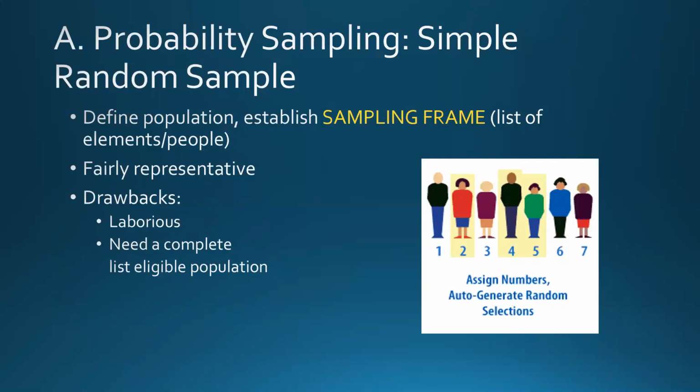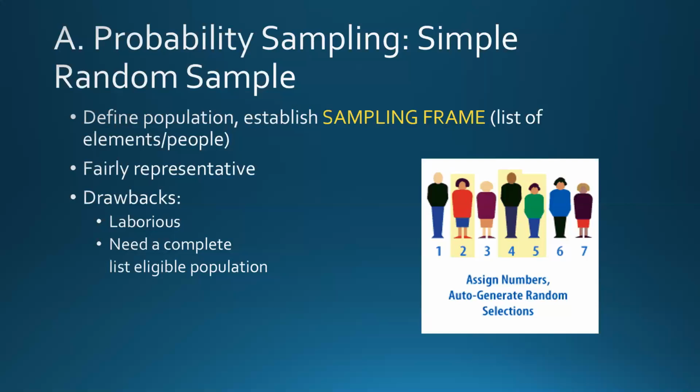And we decide to represent our population with this sample by, for example, assigning numbers to everyone who fits that defined sample frame that we designed, and then we will auto-generate random selection of people who meet those characteristics. In this way, we get a fairly representative sample from the population.